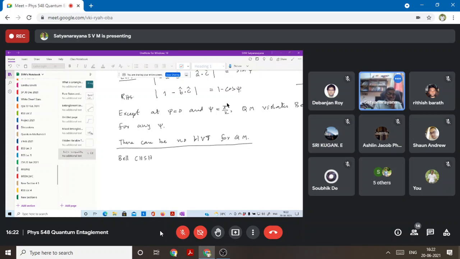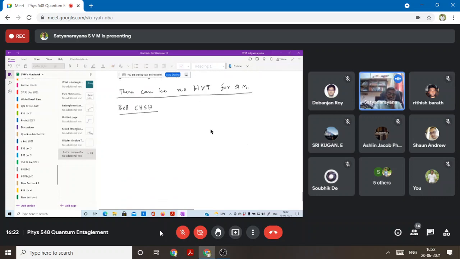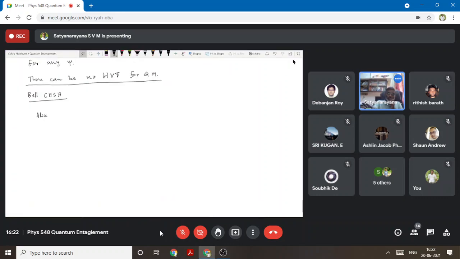So let's say you have Alice here and Bob on the other side, and Alice can choose to make a measurement along A1 cap or A2 cap, and Bob can choose to make a measurement along B1 cap and B2 cap.